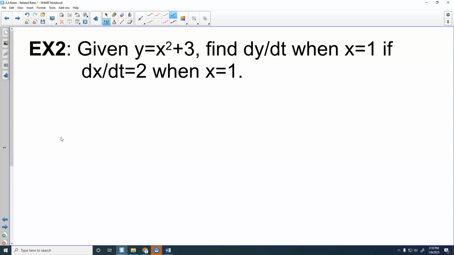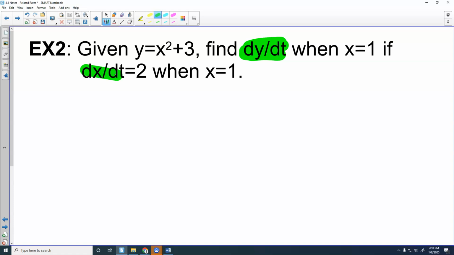So just like what I would call a naked problem, no context whatsoever. It says, given y equals x squared plus 3, find dy/dt when x equals 1 if dx/dt equals 2 when x equals 1. Okay, so whenever you see a problem like this, what you want to notice is this dy/dt, dx/dt stuff.